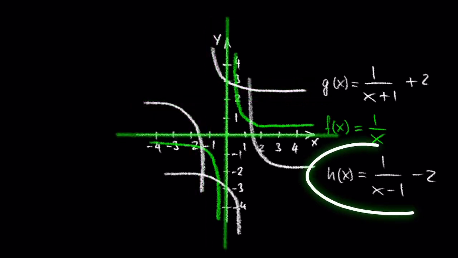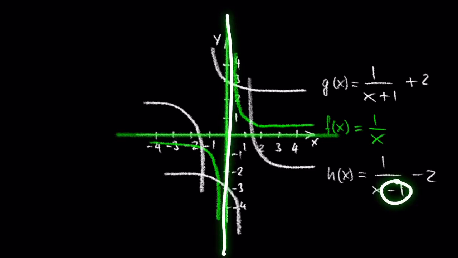Let's do the same with the function h of x. I really encourage you to pause the video and try this on your own. We shift the vertical asymptote of the standard reciprocal function 1 unit to the right.